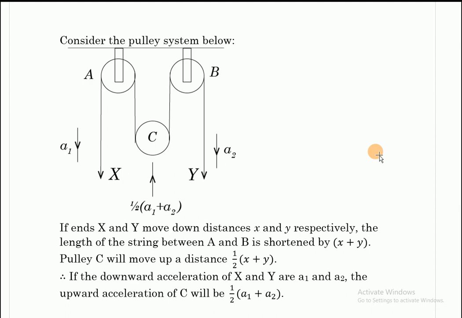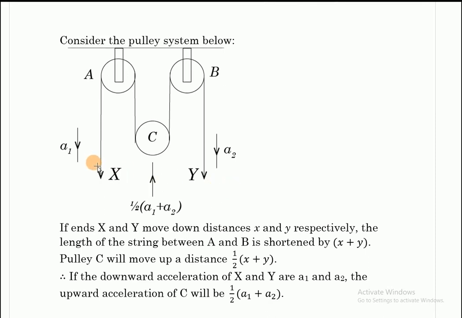And now what we are going to look at here is the fact that if there is a point x and a point y, and the point x is moving at acceleration a1 and point y moving at acceleration a2, both of them moving downwards, they shall be pushing this pulley upwards at an acceleration which is equivalent to the average of the accelerations of the other two.